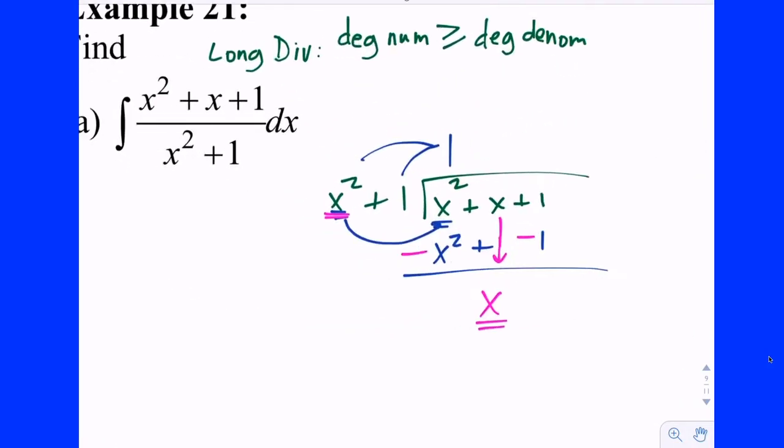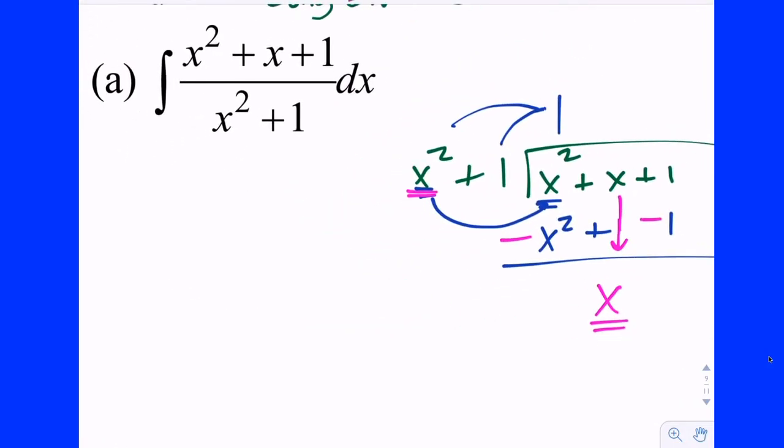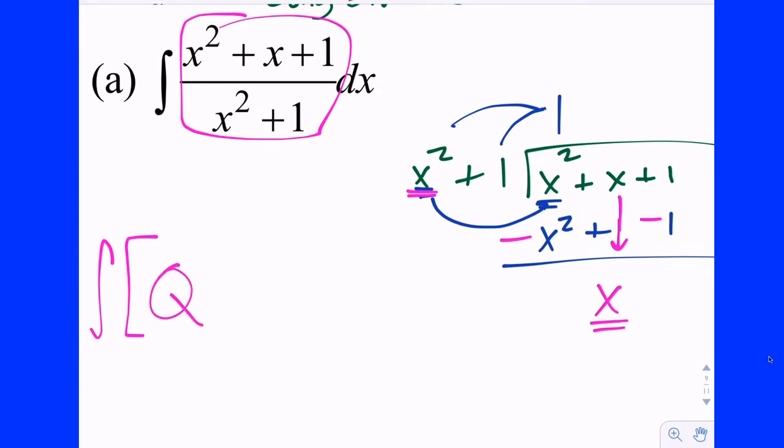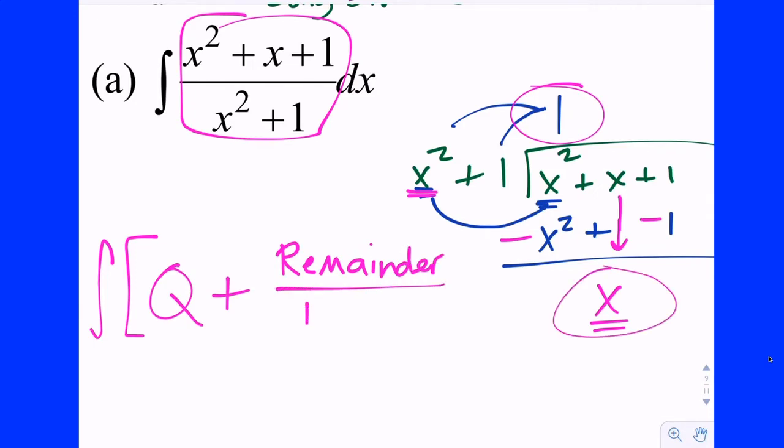But why does it work? You can write the result of your long division, which would redefine the original problem as your quotient, Q, which is 1, plus your remainder. This is your remainder over the original divisor or your denominator.